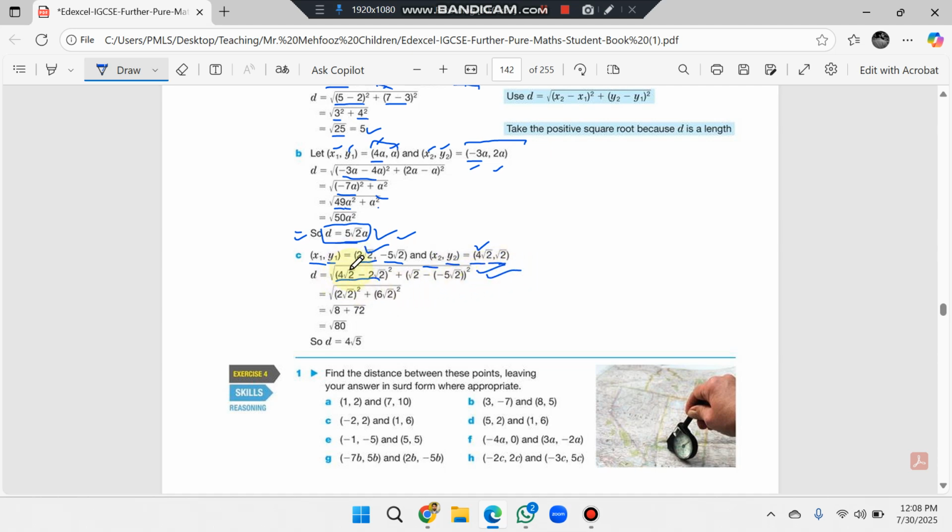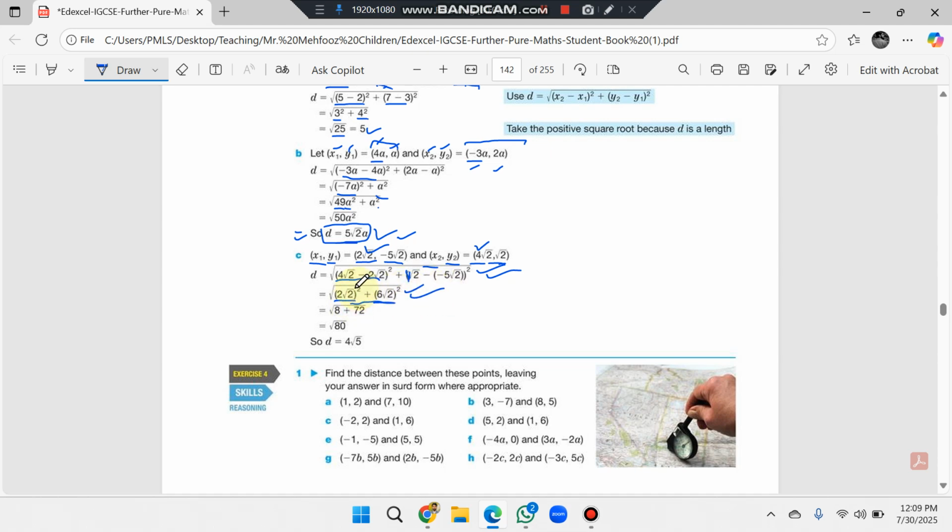After that, 4 square root of 2 minus 2 square root of 2 becomes 2 times square root of 2 whole square, plus 2 square root of 2 plus 5 square root of 2. So this is basically 1 square root of 2, and this becomes 5 square root of 2. When we add these two numbers, your answer will be 6 square root of 2, right? And the whole square is as it is.